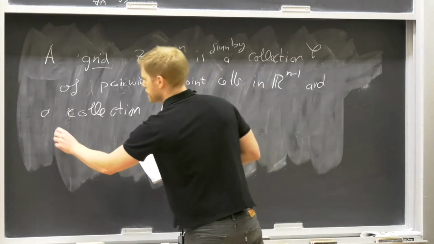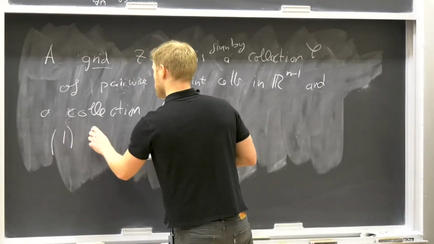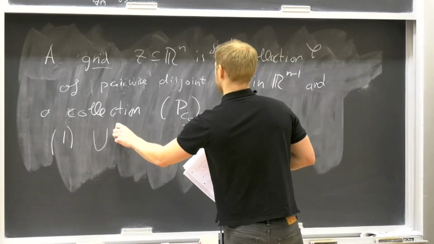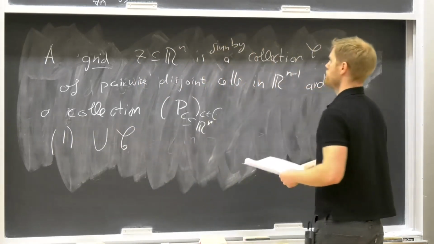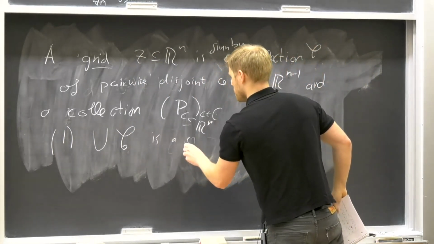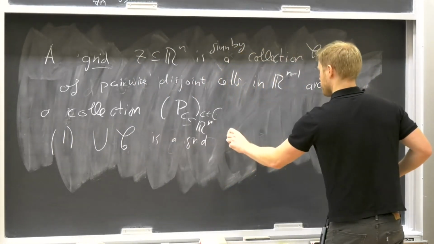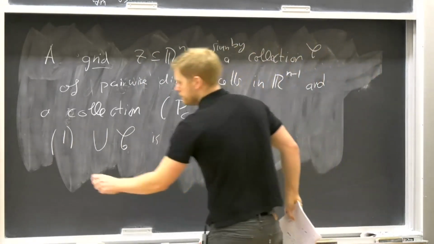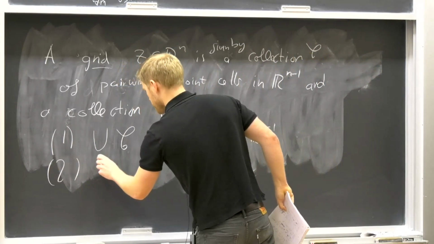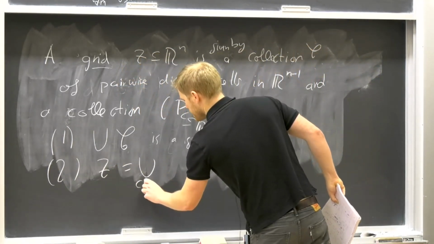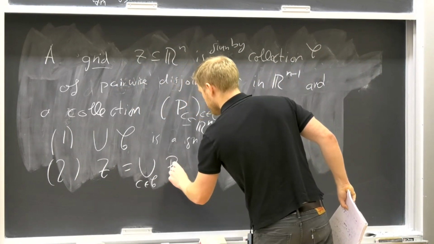It will be a thin stack, such that the union of the cells downstairs, so they live in R to the n minus 1, form a grid in R to the n minus 1, and Z is a union of all the PCs.